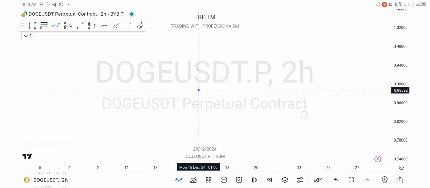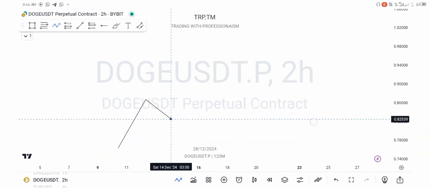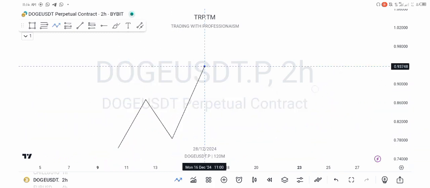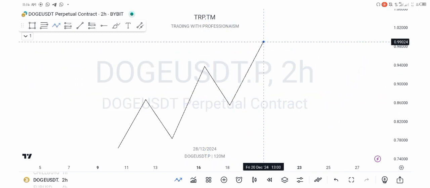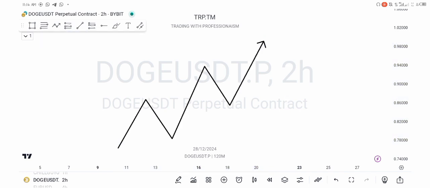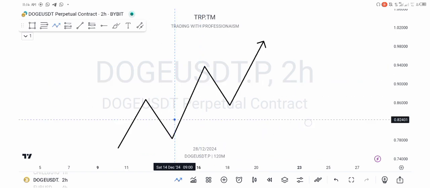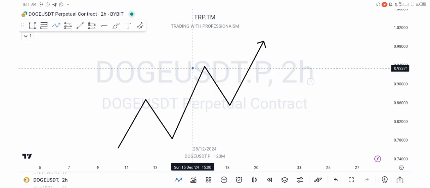So now what I mean is, let's say for example the higher time frame is in an uptrend, like this. Let me make this bolder. This is the higher time frame in an uptrend. Let's say this is the daily time frame, and as you can see it's an uptrend.